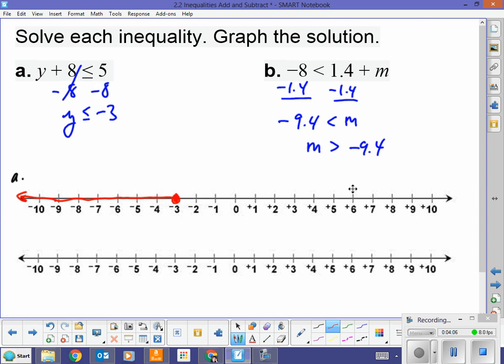My boundary is negative 9.4, so I'm down here. And it's an open circle because we're not equal to negative 9.4, just that's our boundary. And I want m is greater than, so I'm going to be going to the right at this point. There's my graph for B.